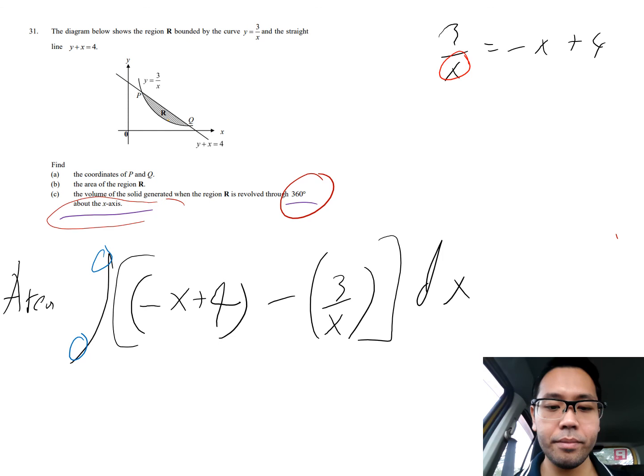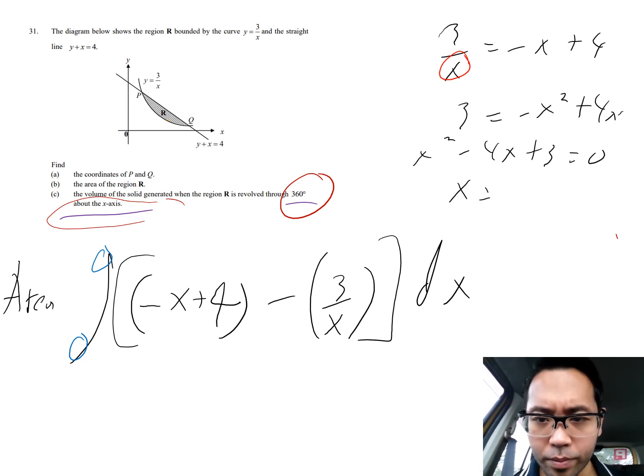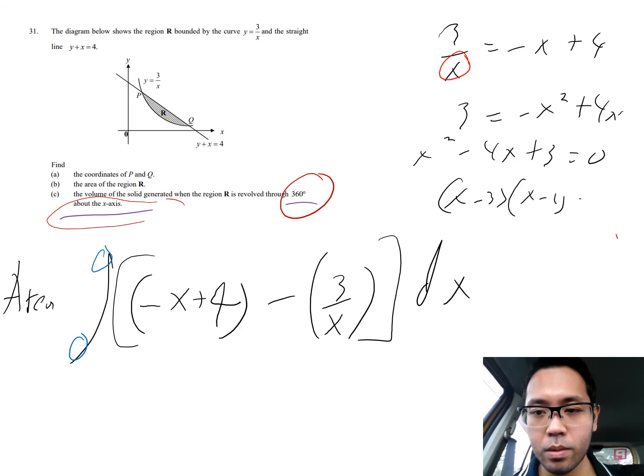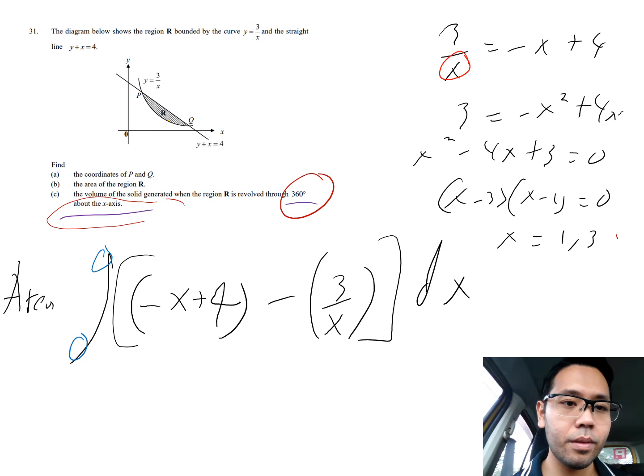Multiply. 3 equals to negative x squared plus 4x. X squared minus 4x plus 3. So x is equals to, if I'm not mistaken, 1 and 3.